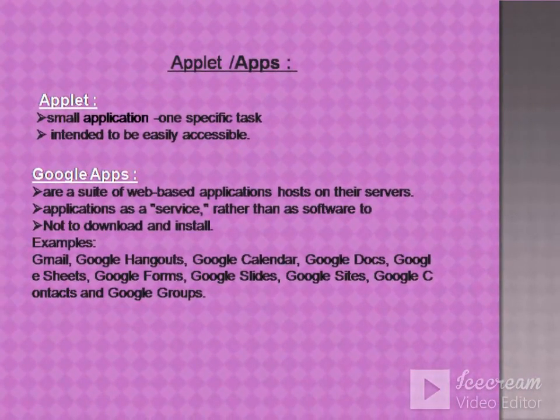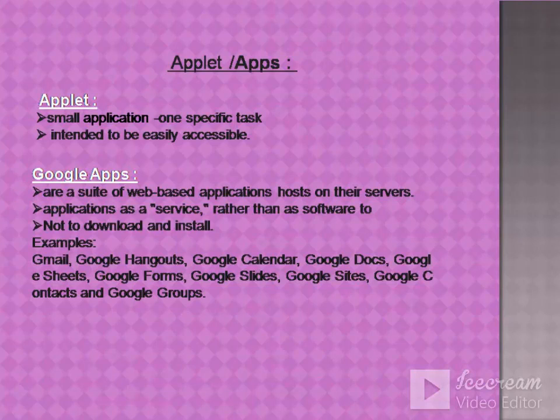Now we'll see applets or apps. An applet is a small application that performs one specific task and runs within the scope of a dedicated widget engine or a larger program. Applets are not fully featured application programs and are intended to be easily accessible. All of you know Google Apps are a suite of web-based messaging and collaborating applications that Google hosts on its own servers.